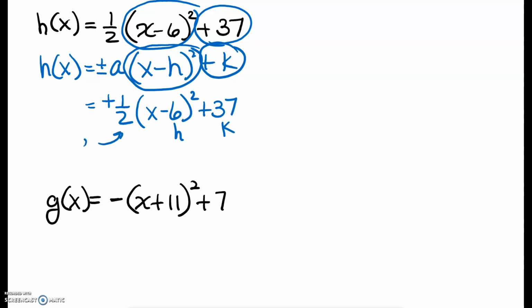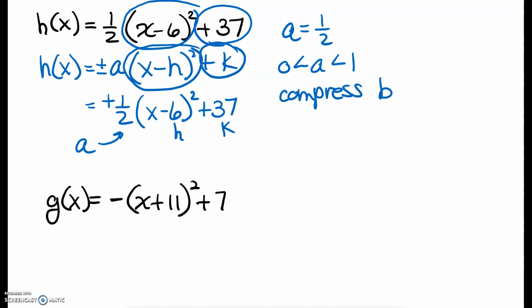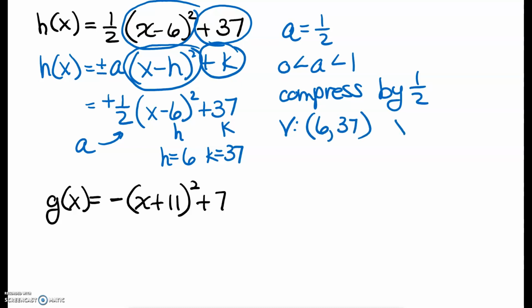And here's a right there. a equals 1/2. Since 1/2 is between 0 and 1, this is a compress by 1/2. My vertex is h comma k. h equals 6, k equals 37. So 6 comma 37. And my axis of symmetry is x equals h, or x equals 6.